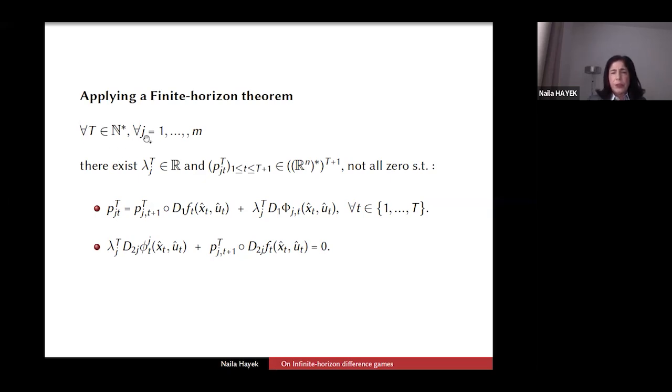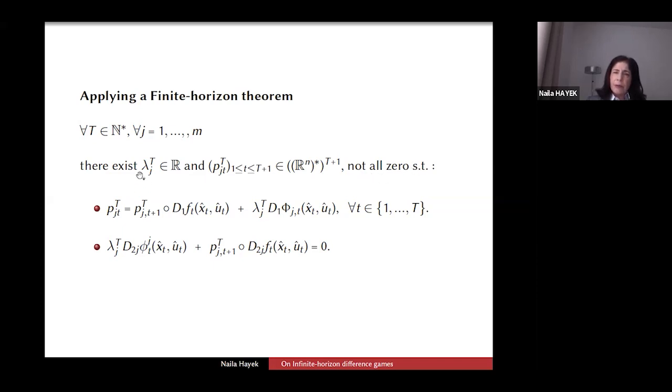T which is fixed, and for every j going from 1 to m, there will exist lambda j indexed by T, a real number, and a sequence p_j^T indexed by big T, of course. Not all zero, this is very important.